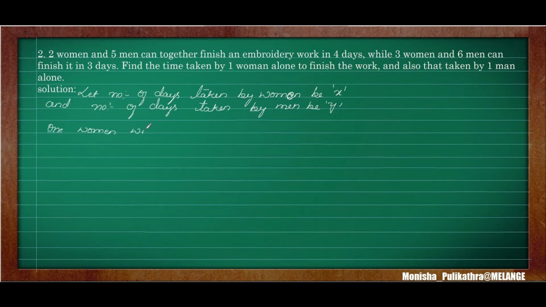One woman's work for 1 day is taken as 1 by x. So x is the number of days and 1 is the number of women I have taken.